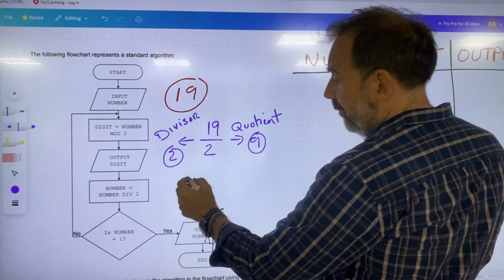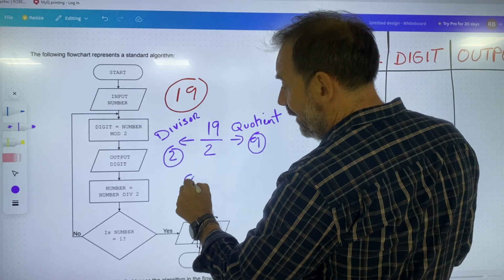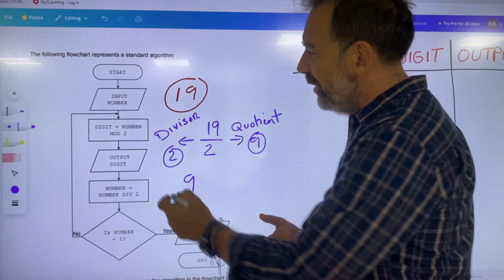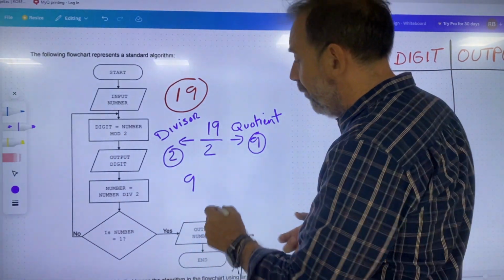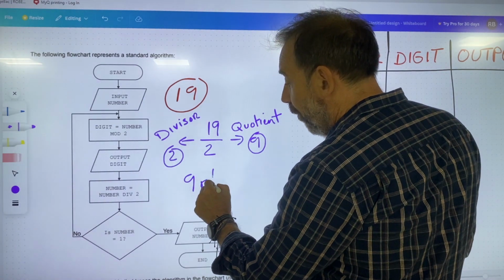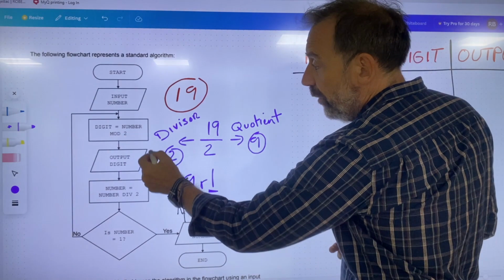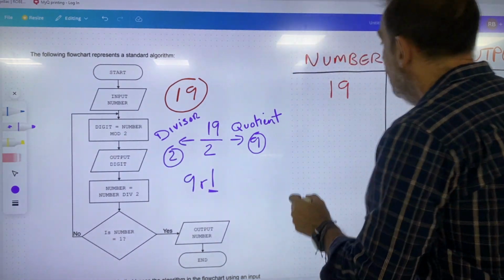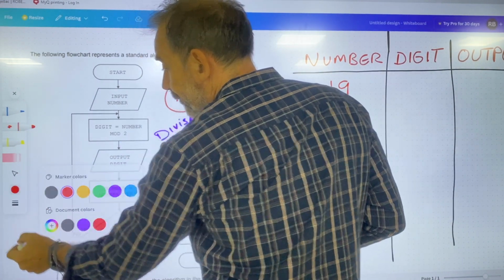So the end result for this would be 9. Don't think about 9.5, because in terms of modulus 2, we're looking for the remainder. So it would be 9, remainder 1. The digit in this case would be 1.